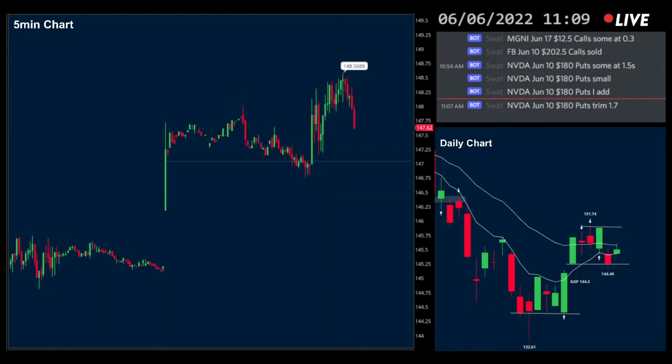Apple now. Okay, Apple coming. NVIDIA coming nicely. So we are short on NVIDIA, guys.